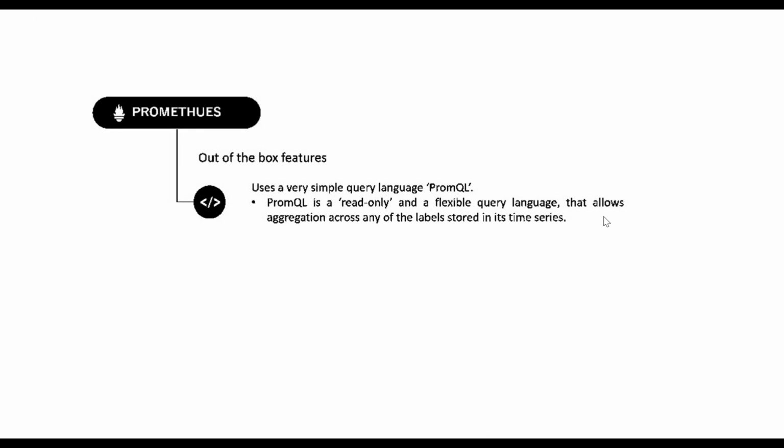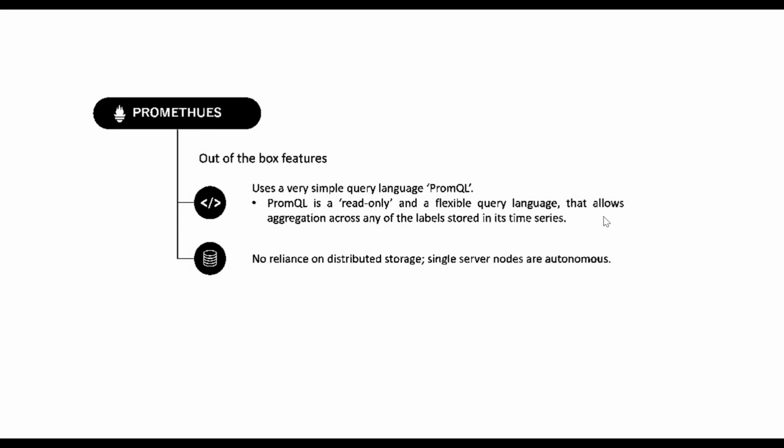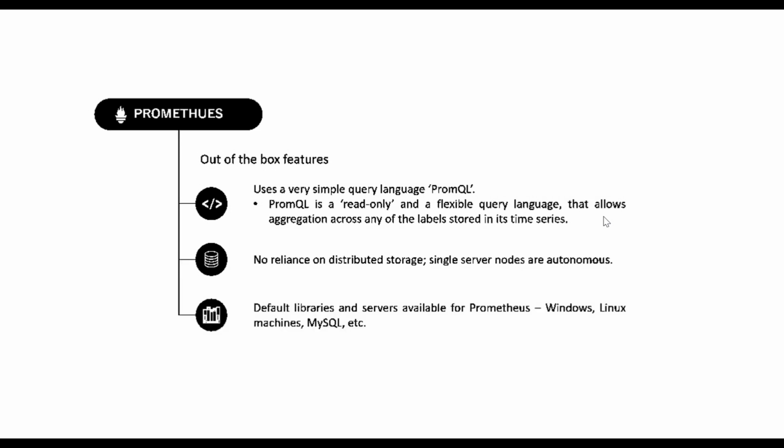Out of the box, it features a very simple query language, PromQL. PromQL is a read-only and flexible query language that allows aggregations across any of the labels stored in the time series. No reliance on distributed storage; single server nodes are autonomous.